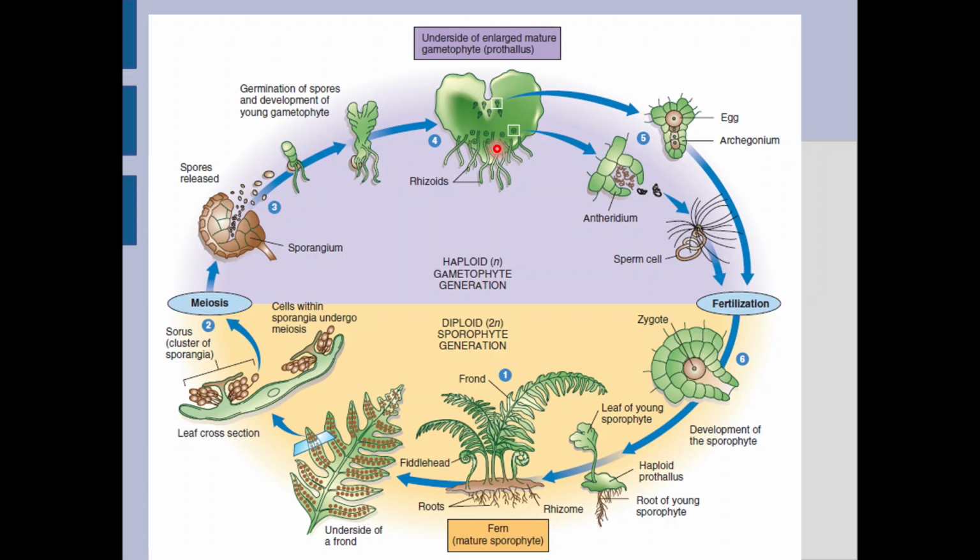The sporophyte generation is dominant because it's larger, and it can live for several years, that is, it is perennial. The gametophyte dies as soon as it successfully reproduces.